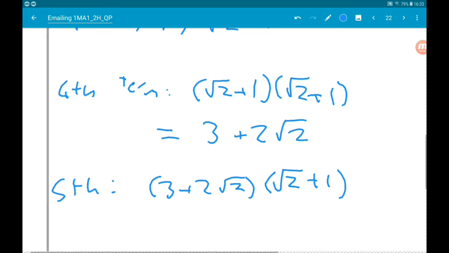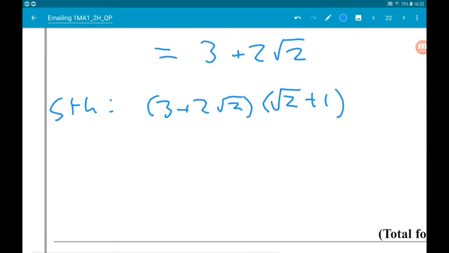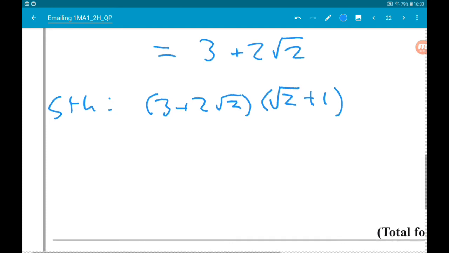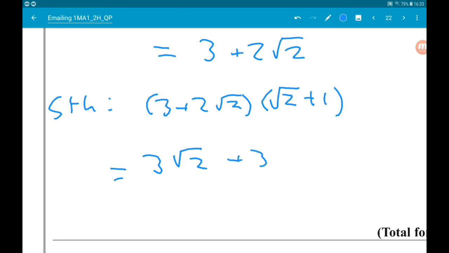Okay, so 3 times root 2 gives us 3 root 2. 3 times 1 gives us 3. Now, 2 root 2 times root 2 gives us 2 root 2 root 2.